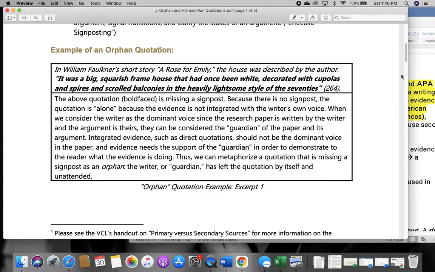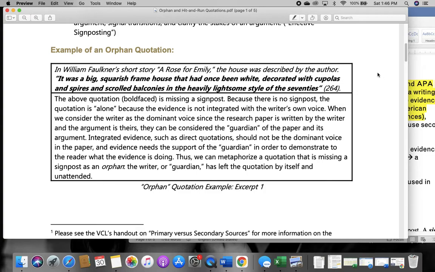So the reader really has no idea what to do with this. It's not the writer's voice. It's Faulkner's narrative voice. The writer is not correct in saying it's described by the author. We never talk about literature like that. We always say it's described by the narrator, or if it's in first person, depending, we haven't gotten to narrative mode yet.